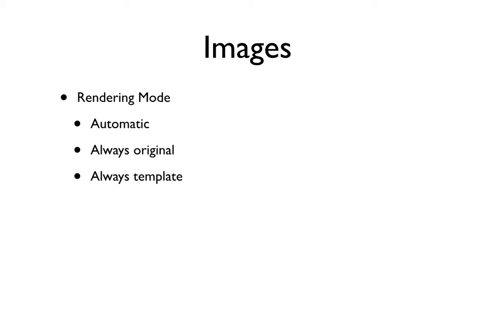Let's say the bar button will probably use the template because it's more of an interactive item, but a background image will probably always use the original. So when you set automatic, the system will choose based on the context.